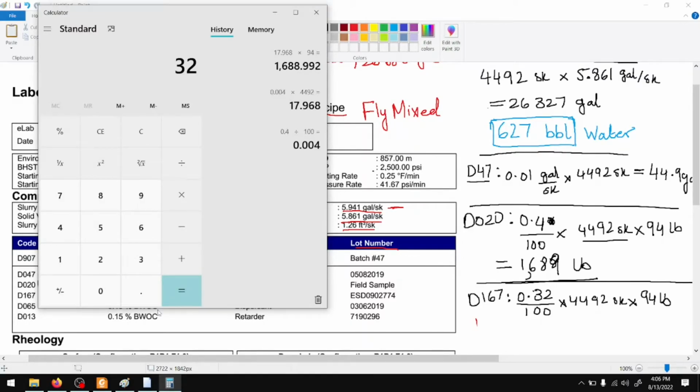0.32 divided by 100. Multiply that by 4492 multiplied by 94. Let's actually recheck that, whether we're doing it right.